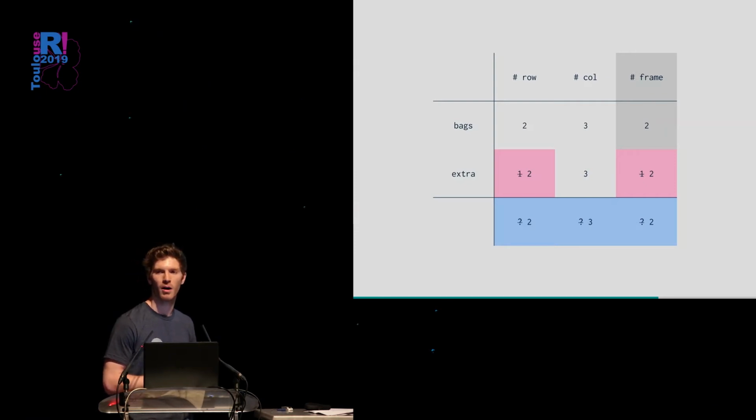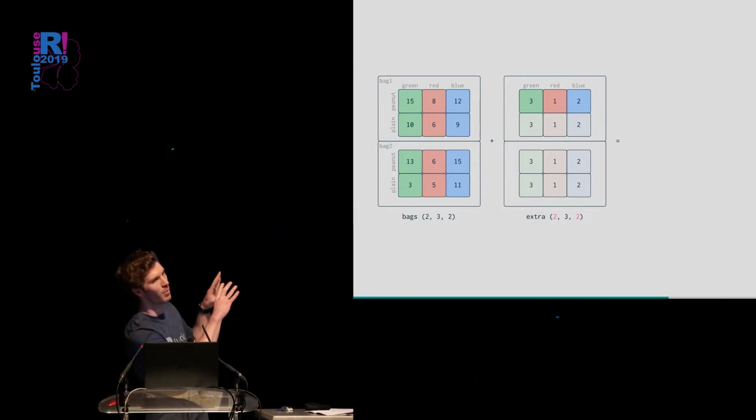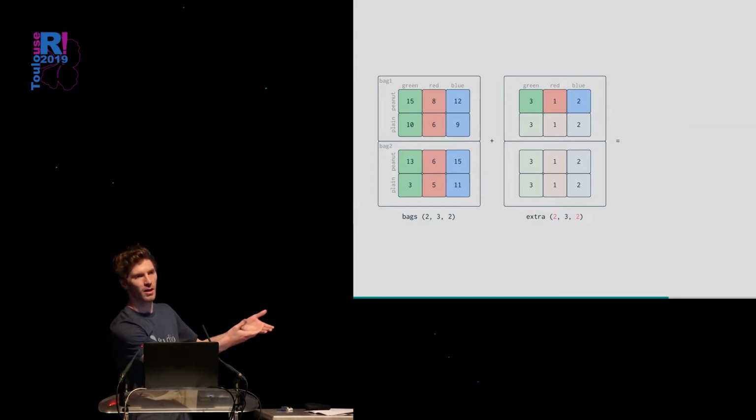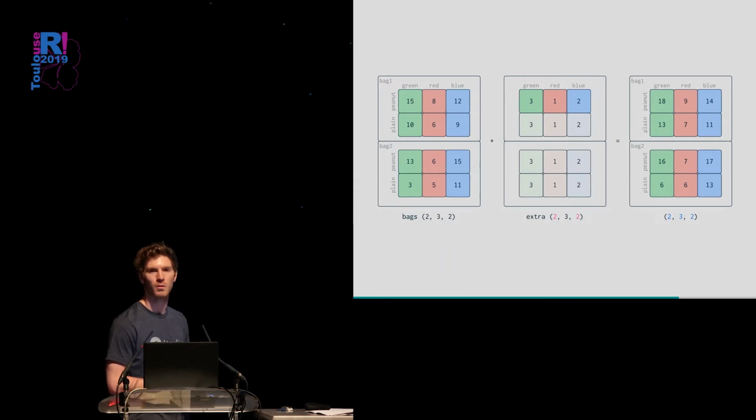Our output also has 2 frames, or 2 elements in the third dimension. What does that mean for extra? Well, we basically just took that entire panel in the third dimension, copied the whole thing down, and now we've got this duplicated version that's 2 by 3 by 2. We've now successfully broadcasted extra to the common dimensions between bags and extra, and we can add them together to get the original result that I talked about before.